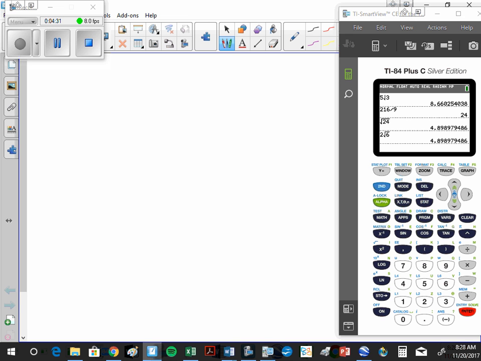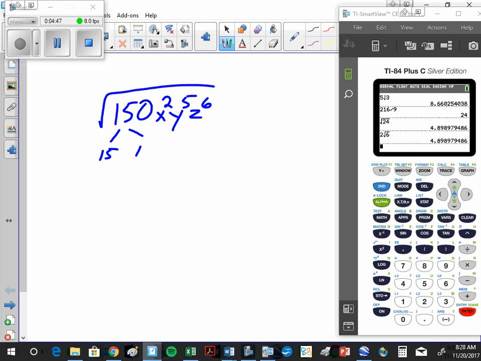What if we had 150 x squared y to the 5th z to the 6th? 150 is 15 and 10, 5 and 3, 5 and 2.